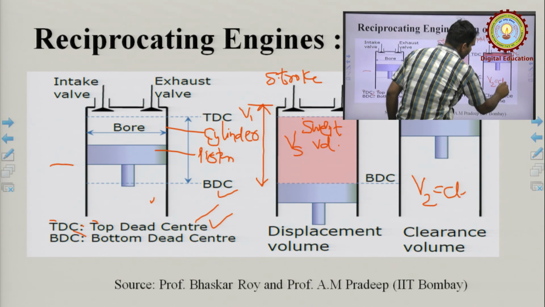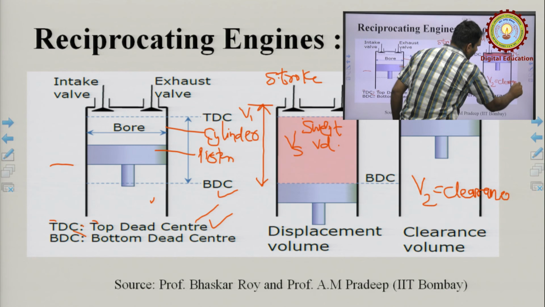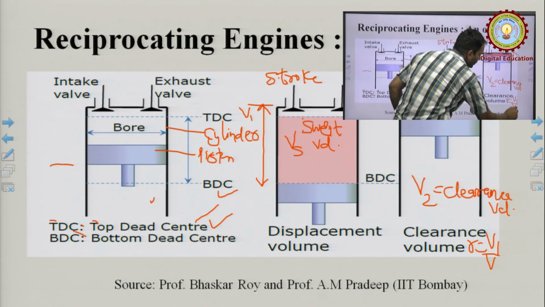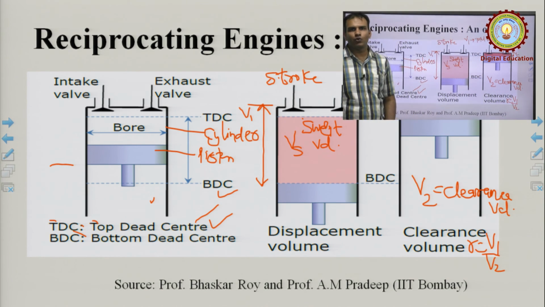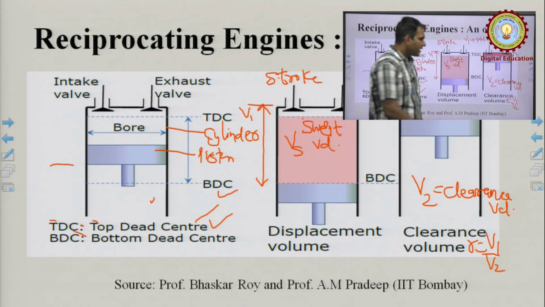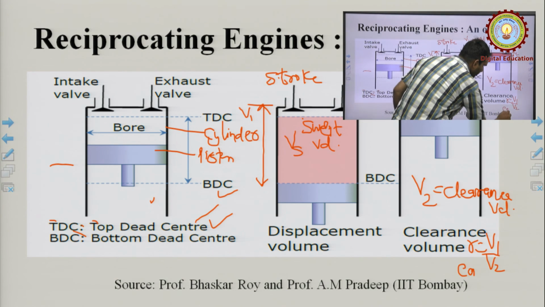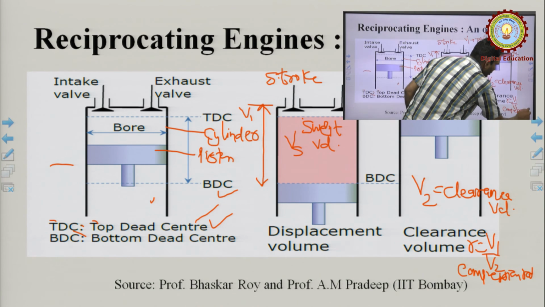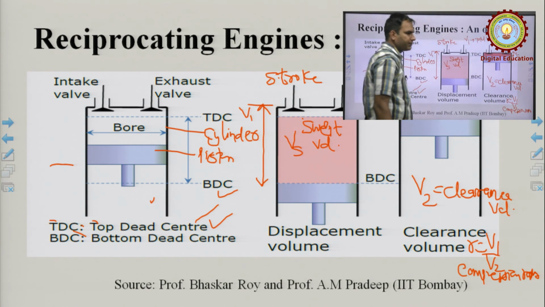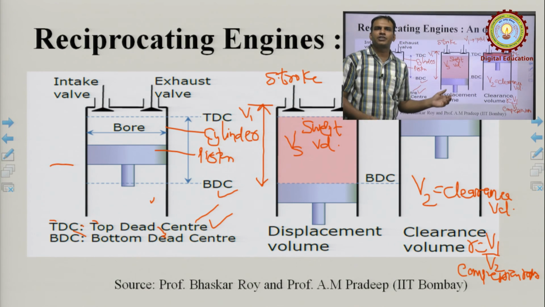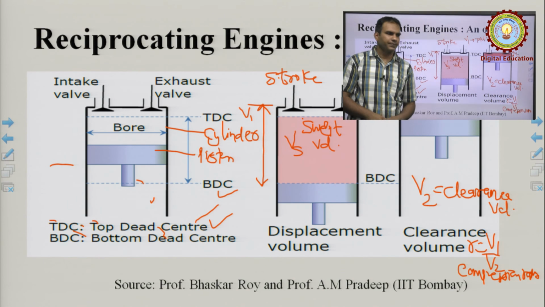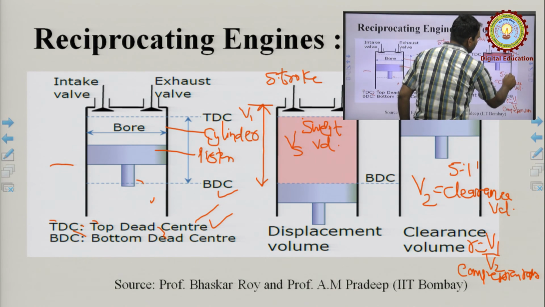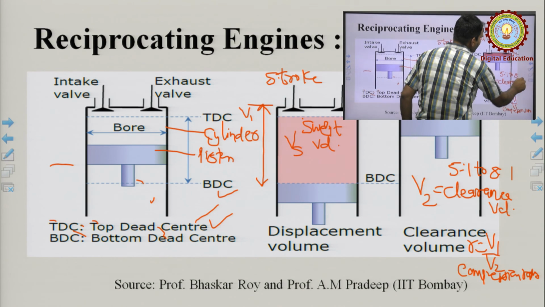This ratio V1 upon V2 is called the compression ratio. In a petrol engine, the compression ratio is normally 5:1 to 8:1.